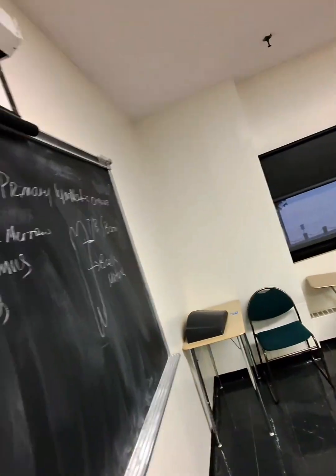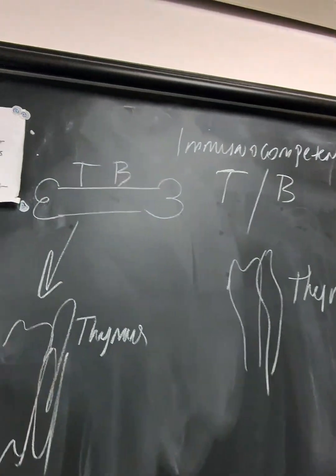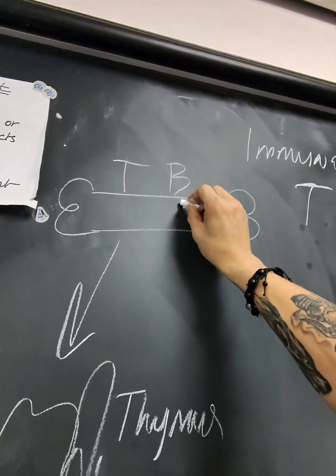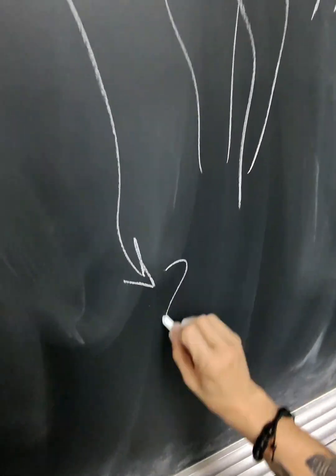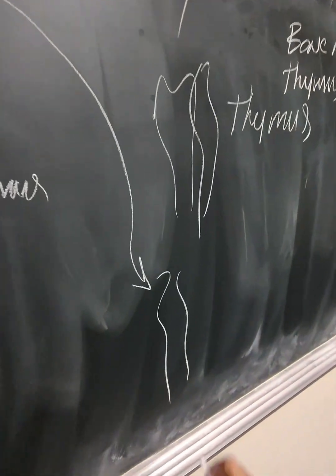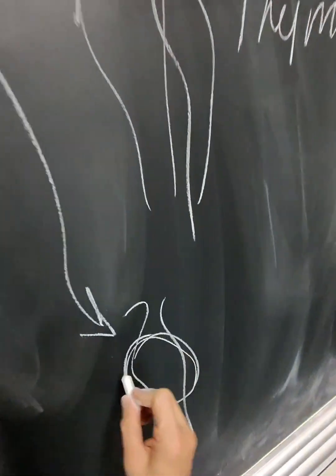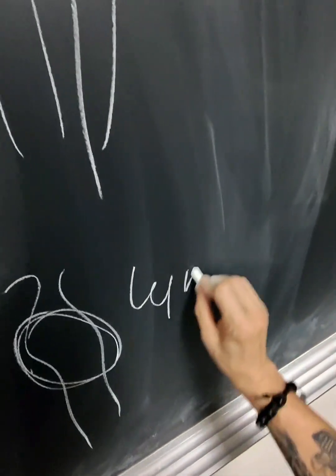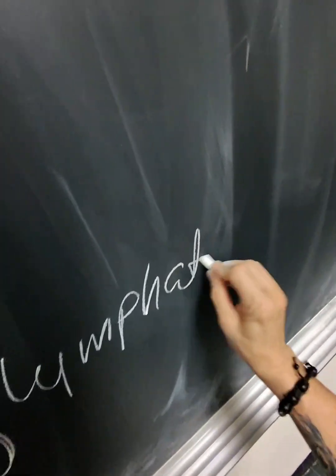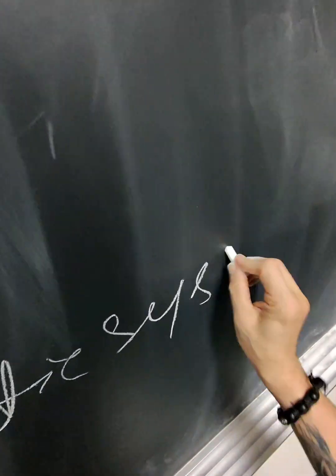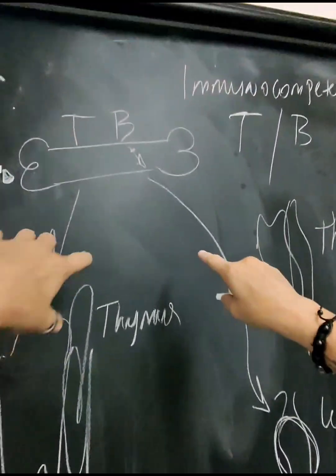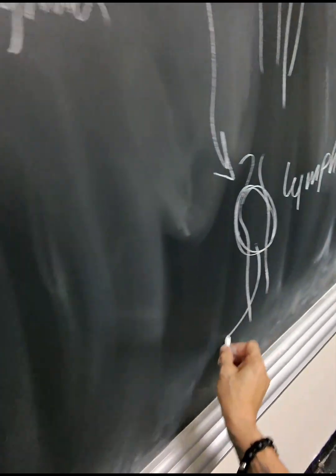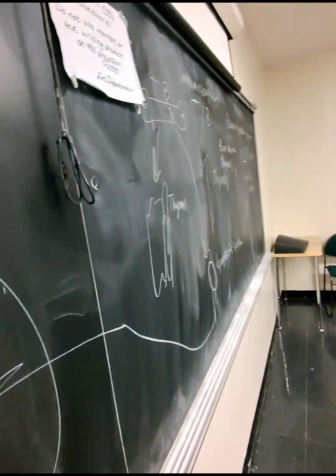After they mature, both T cells and B cells will end up in the lymphatic system. I'm going to put a note here that represents a lymphatic system. And eventually, the mature T cells and B cells will also end up in the circulatory system.